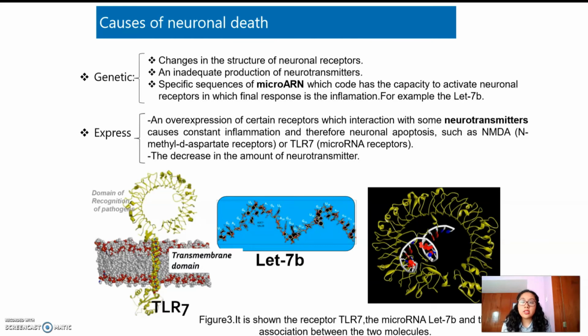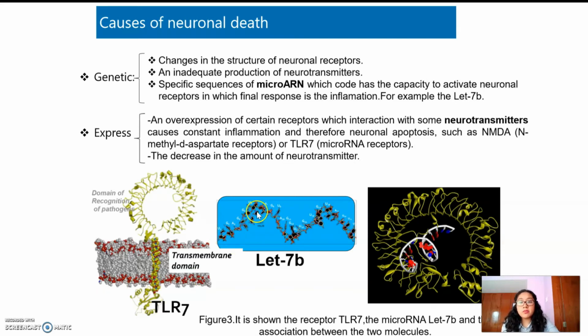Causes of neuronal death. We have two principal causes of neuronal death, genetic ones and those due to expression. Genetic ones include changes in the structure of neuronal receptors, which are basically proteins like this one, and inadequate production of neurotransmitters, which can cause a misunderstanding between the messages of the neurons.